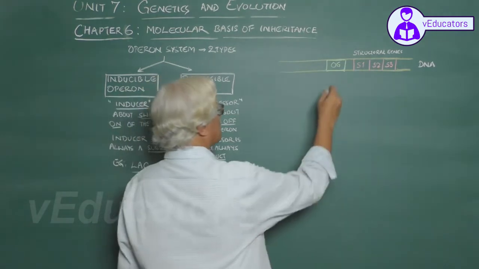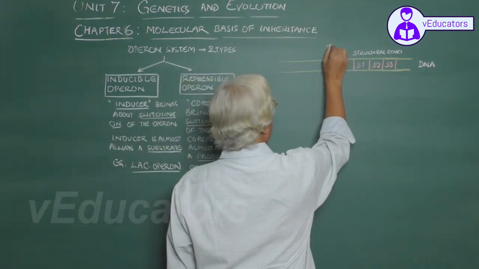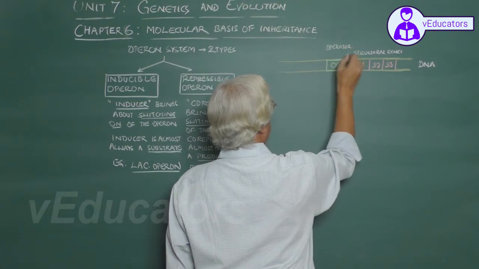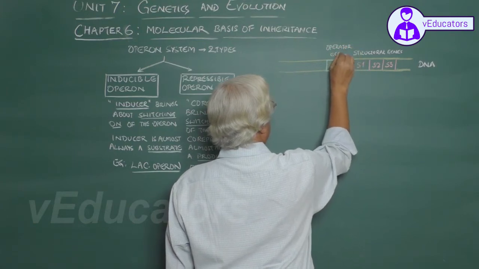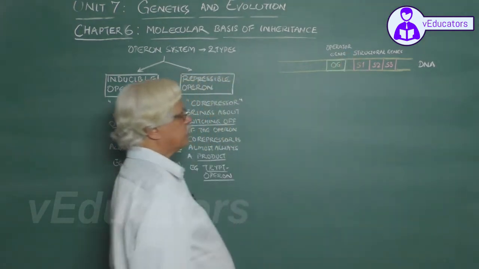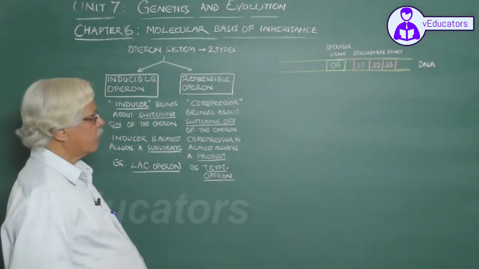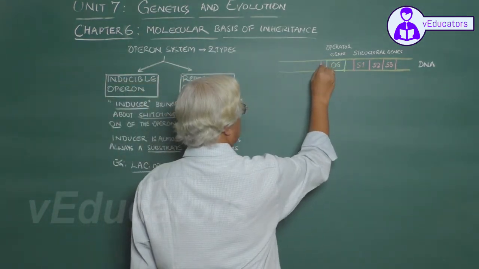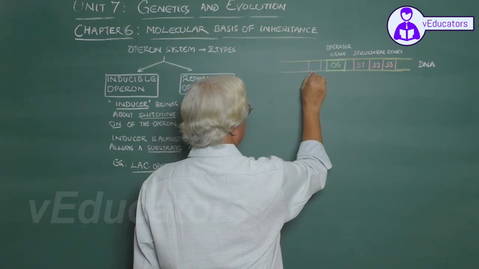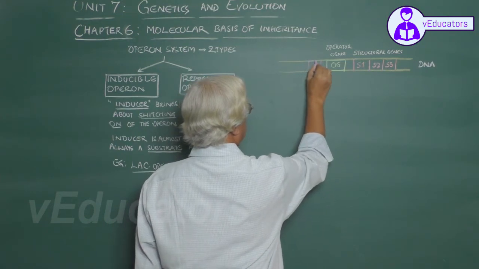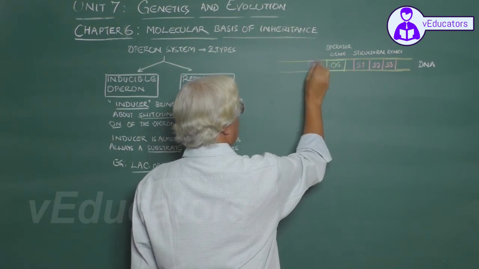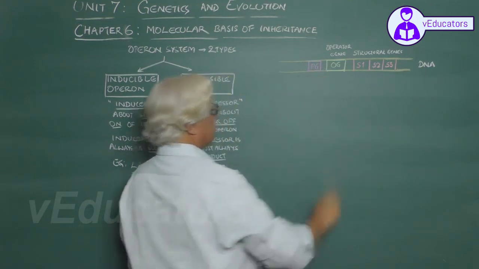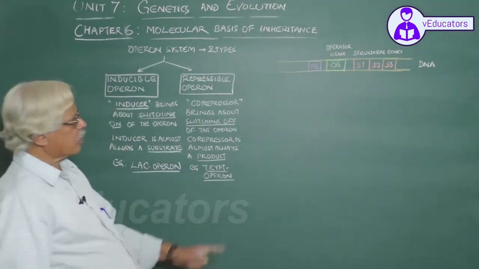So this is the operator gene. Lying adjacent to the operator gene is another portion of the DNA molecule which represents the promoter gene.